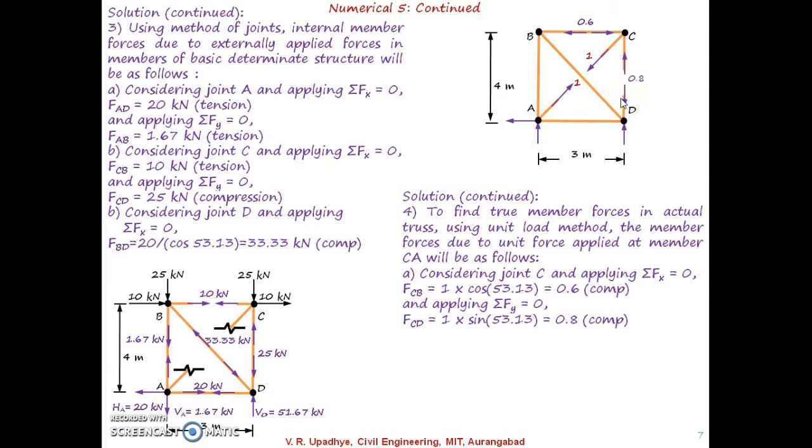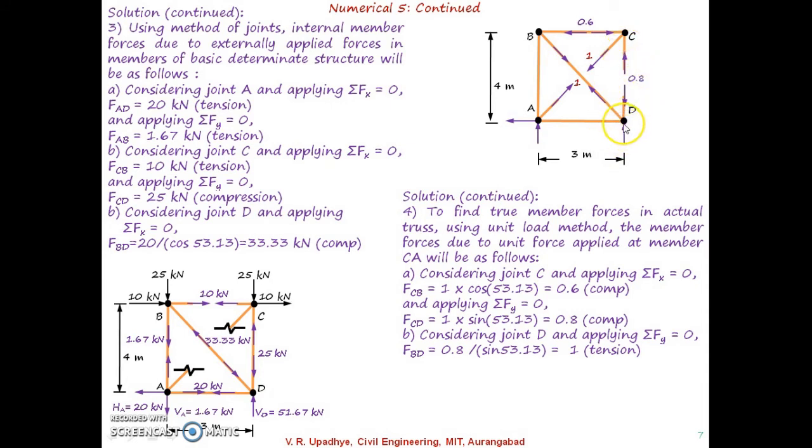So if we go further and consider joint D at this position, and apply summation Fy equal to 0 initially, we will be in a position to find the member force in member BD. Then the equation will become FBD sine 53.13, that is one component of FBD, and the vertical force in member CD is 0.8.